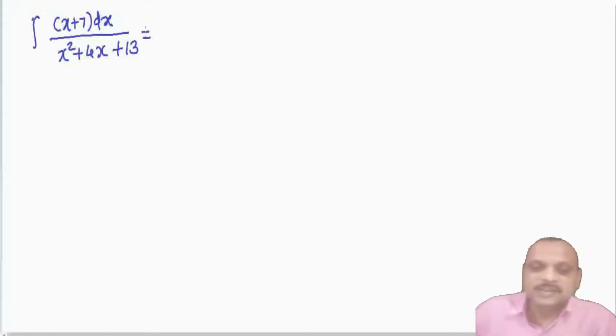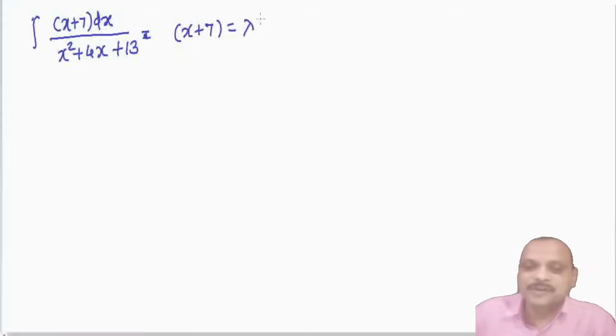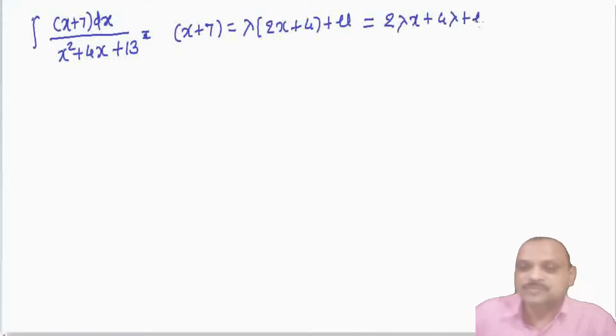Here in this example we write the numerator x plus 7 equal to lambda into derivative of denominator. Derivative of denominator is 2x plus 4, plus mu. This is equal to 2 lambda x plus 4 lambda plus mu.